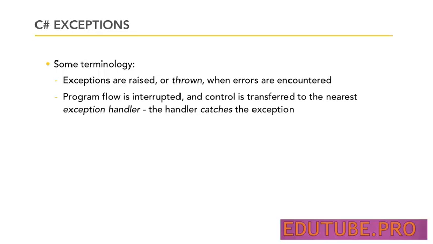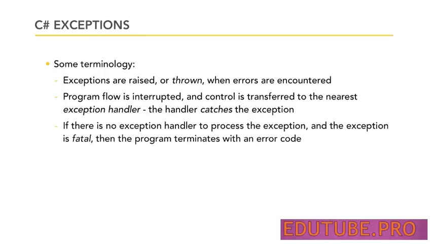Now, when an exception happens, the normal flow of the program is interrupted, and the control is transferred to the nearest exception handler. You might say that the handler catches the exception. So the exception is thrown somewhere, and then it is caught somewhere else.